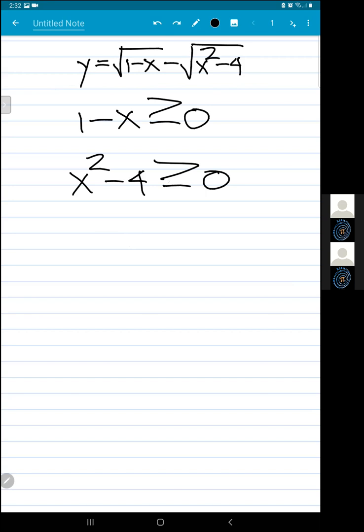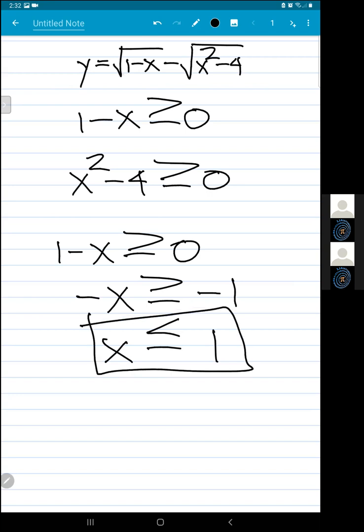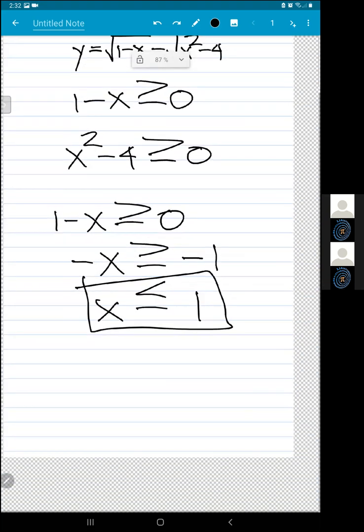So you solve the first one. Then divide by -1 and reverse the sense of the inequality. x is less than or equal to 1 for this to be defined. And then this one now.